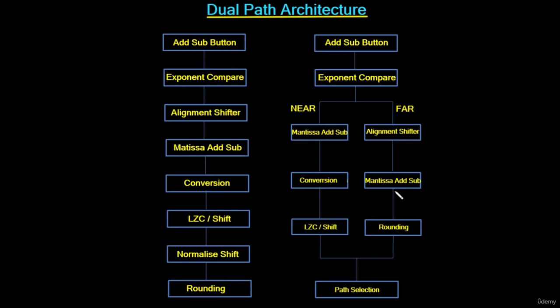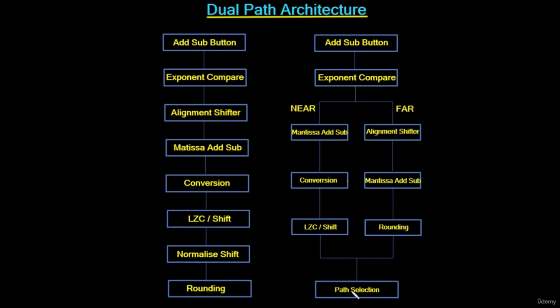So we know that it had already been swapped over, and we would be subtracting the smallest value from the largest value. So we won't have a negative answer in here for this particular far path, so we don't need to do this conversion. And then we take care of the rounding here, and then we head out through the path selection.